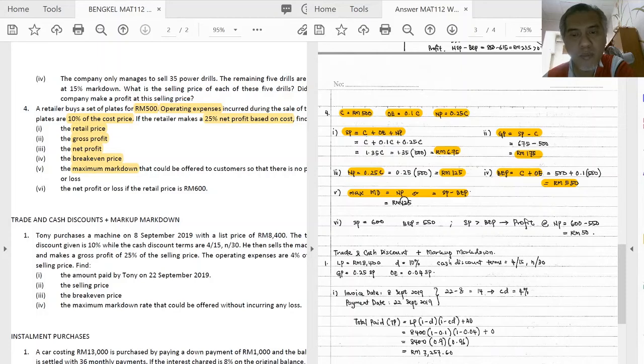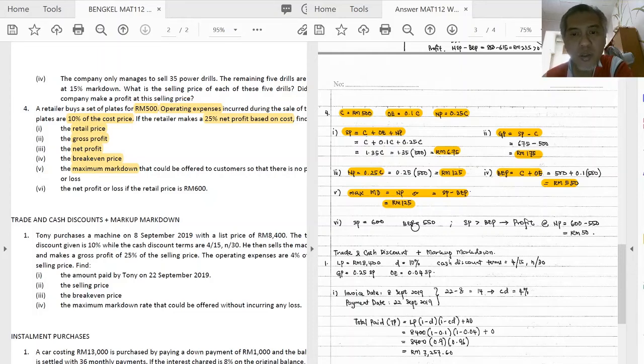If you don't have the net price, another way to calculate the maximum markdown value is by taking the difference between the selling price and the break-even price, that is 675 minus 550. Both formulas will give you the same answer: the maximum markdown is equal to 125 ringgit.